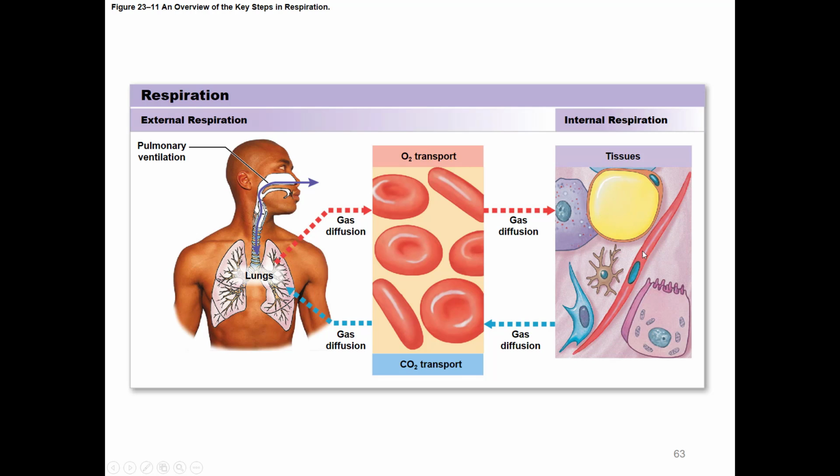The tissues are happy because they've received oxygen, and they send their waste in the form of CO2 onto the red blood cells, which carry it back to the lungs, and then we exhale that CO2 back out into the environment. So that's a very simplified view of the cycle.